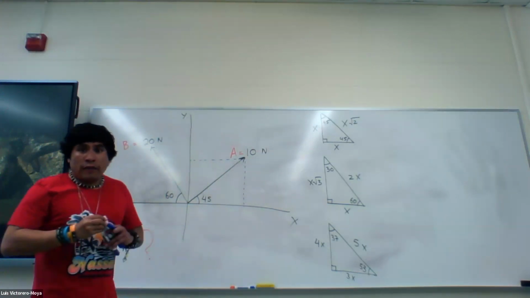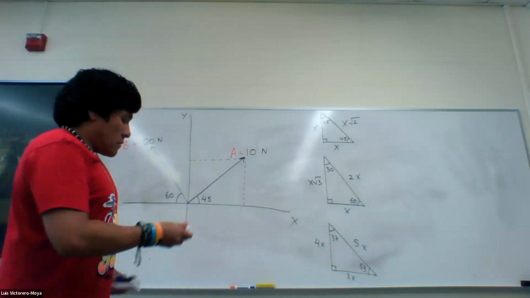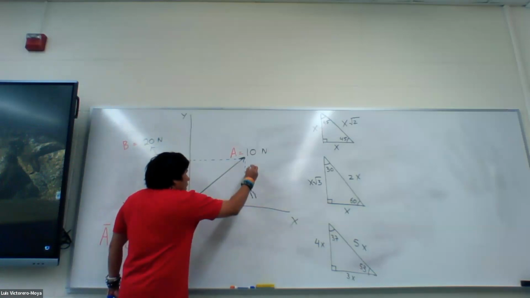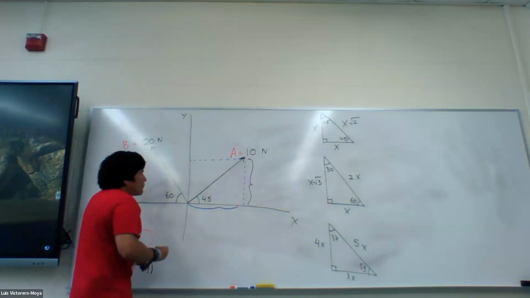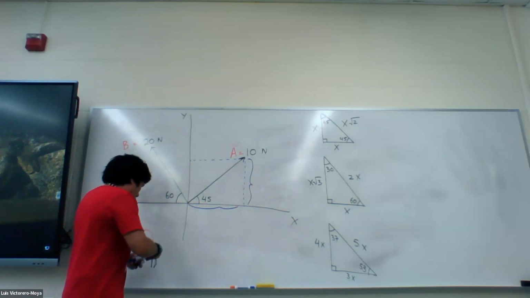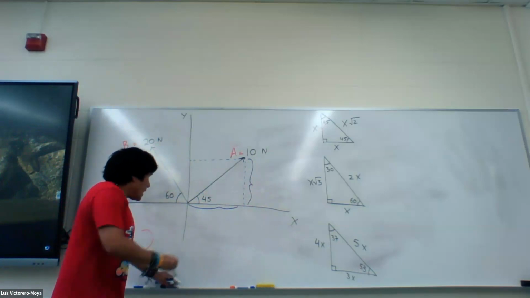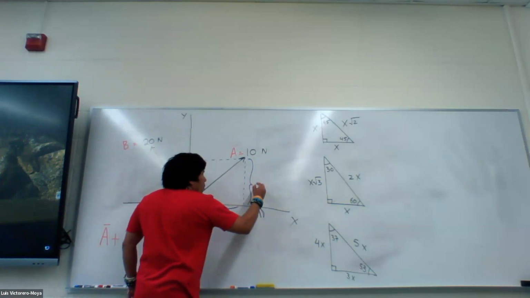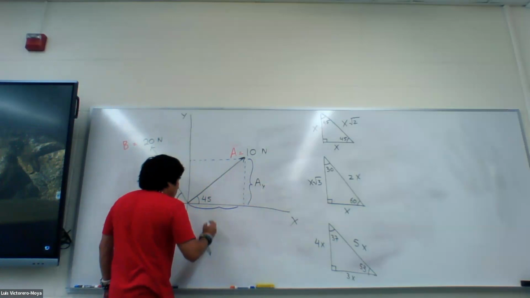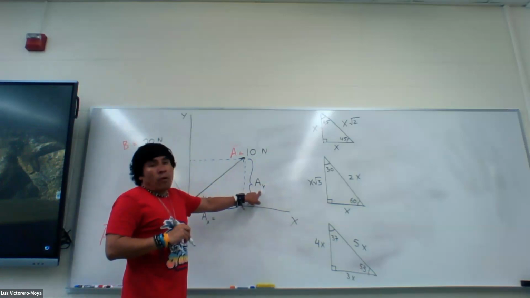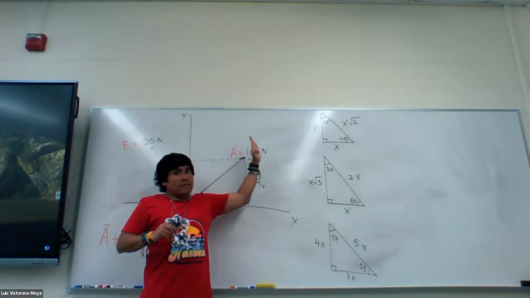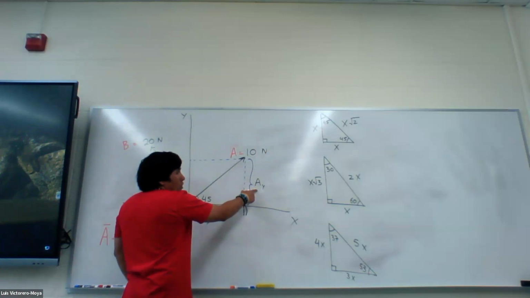So first we do that vector there. This is the adjacent. This is the opposite. So that component here, we say this is the AY component. And this is the AX component. The AY component will be 10 times the sine. That's the opposite.